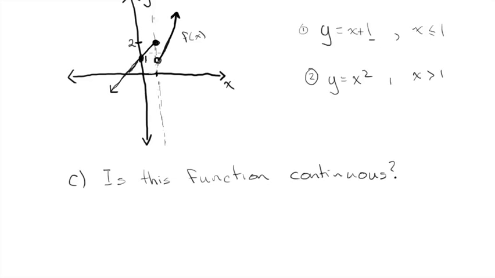It has a break right at x equals 1. So the answer would be no. And if you remember from the previous video where we talked about continuity, we called this a jump discontinuity.